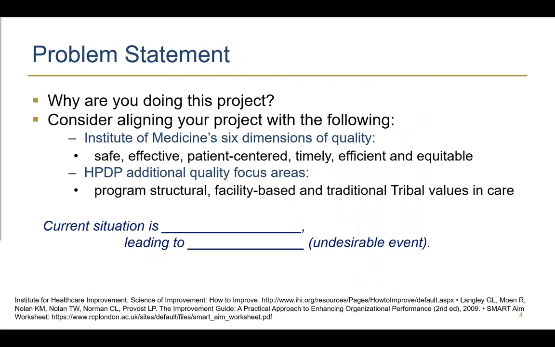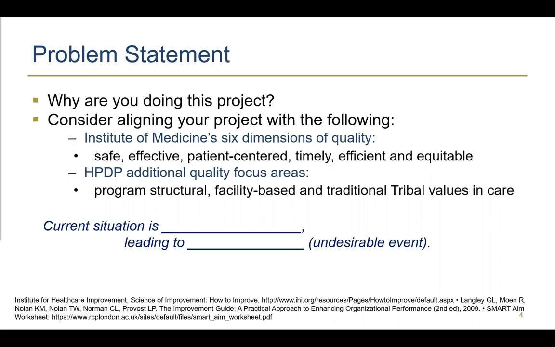Begin with developing a problem statement which is tied to information from the gap analysis and identifying a particular gap that you would like to fix. This is the beginning of planning your process improvement project. Remember the 9 dimensions for quality that we reviewed in session 3? Consider aligning your project with at least one of these dimensions of quality identified for Peck HPDP.